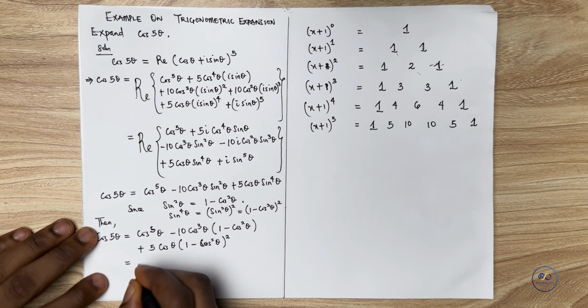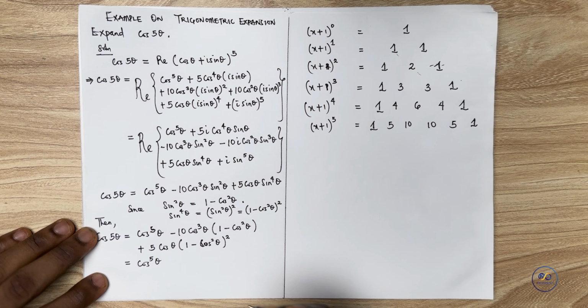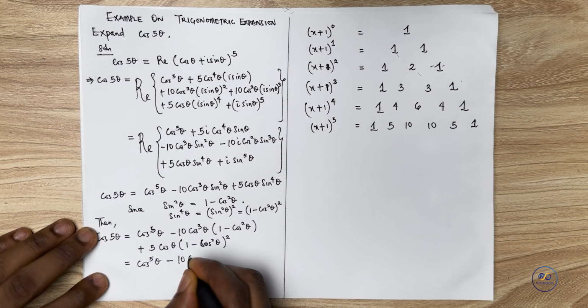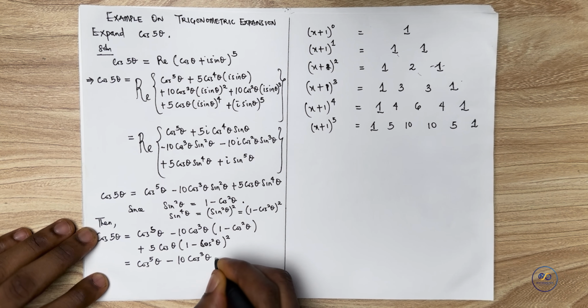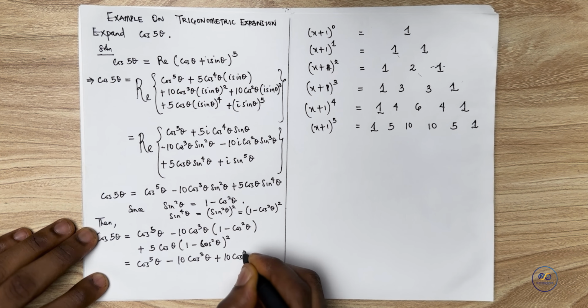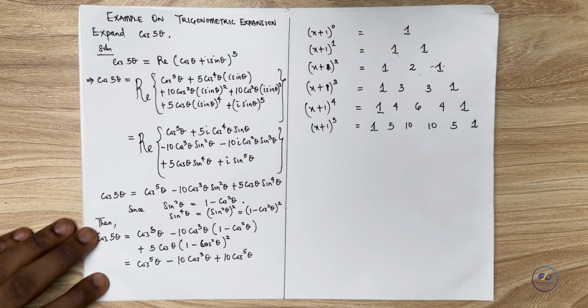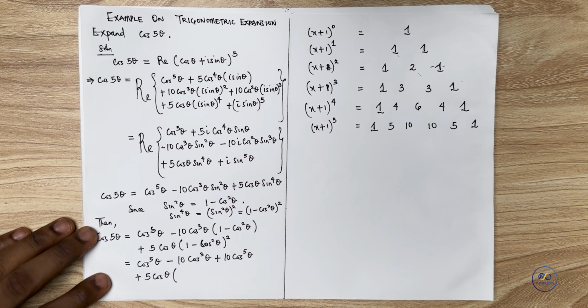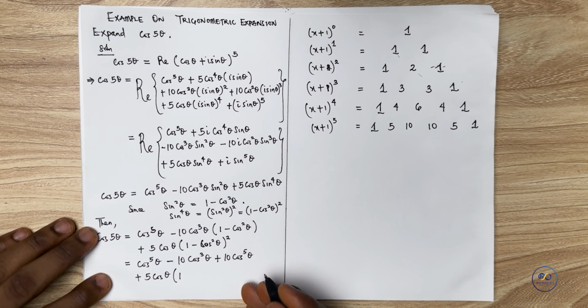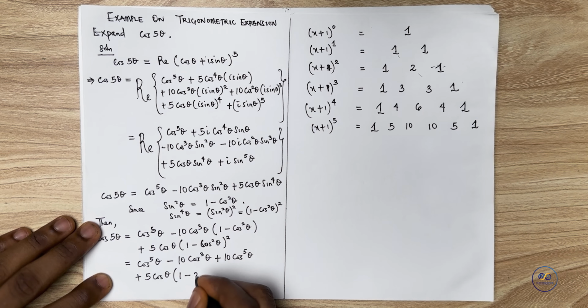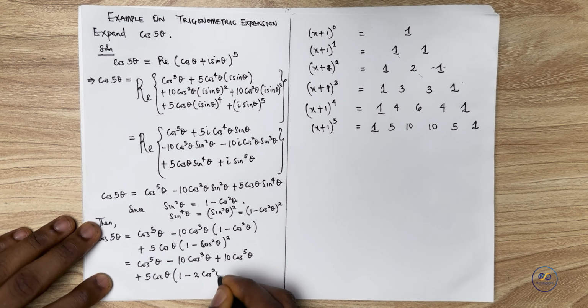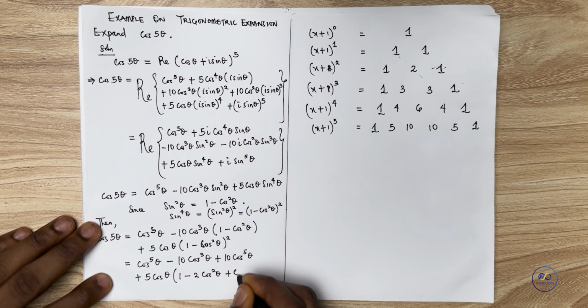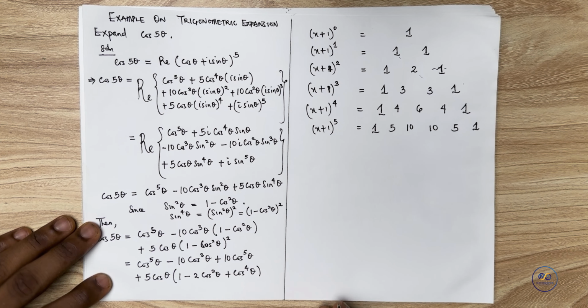So that the expansion of this would be cos raised to the power of 5 theta minus 10 cos cube theta plus 10 cos raised to the power of 5 theta, of course, where we expand this, plus 5 cos theta into the expansion of this function, 1 minus 2 cos squared theta plus cos raised to the power of 4 theta.